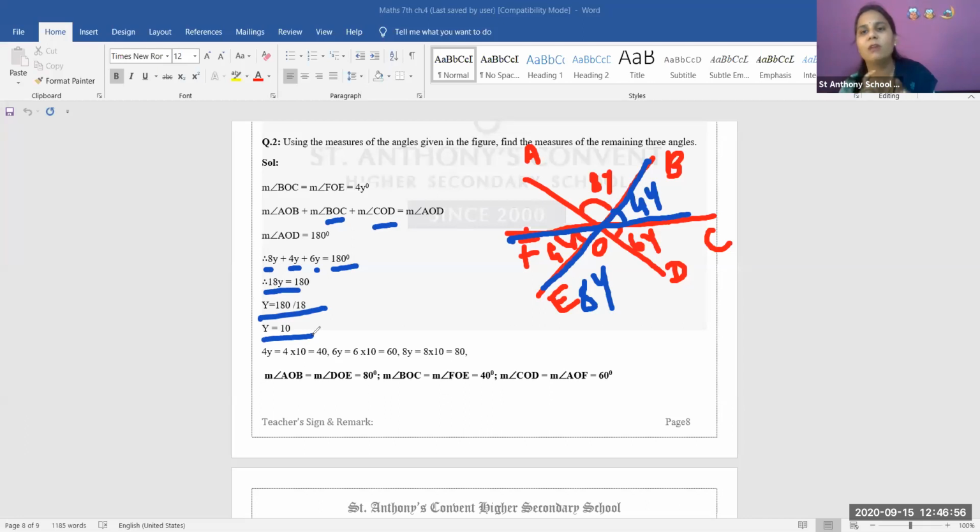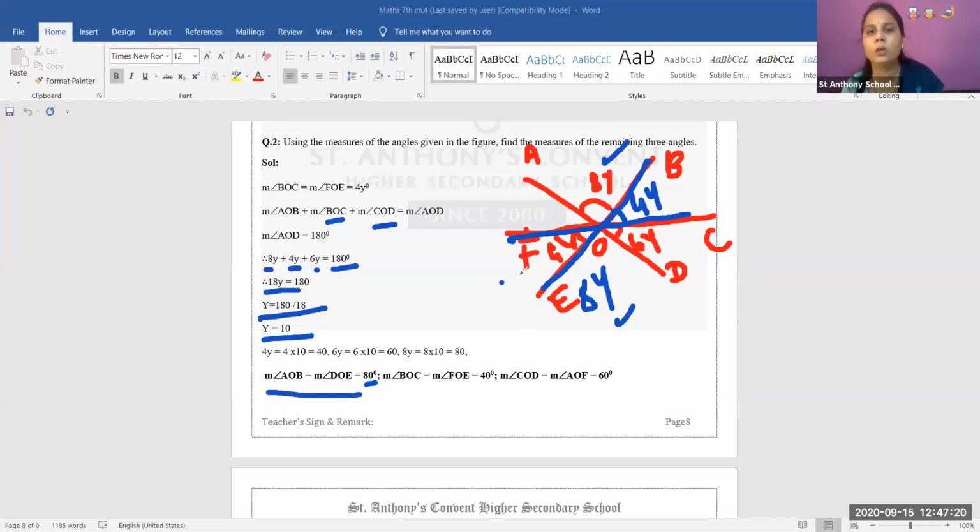Now we got the value of y, so we can find the value of each and every angle, right? First of all, we'll take measure of angle AOB and DOE, where AOB and DOE is equal to 8y. So 8 into 10 is how much? 80. Now these two angles have been found out.